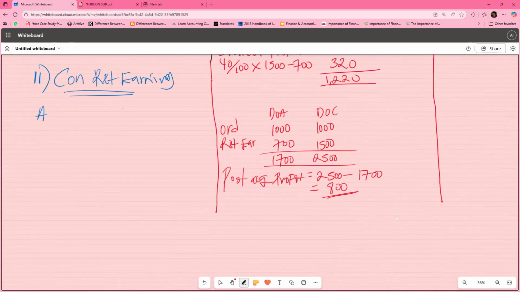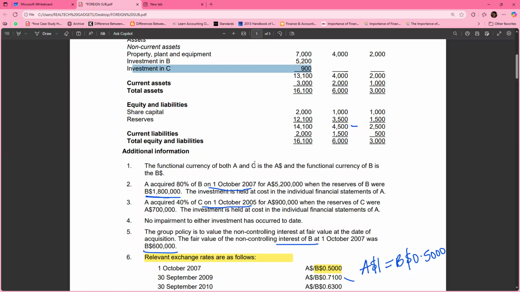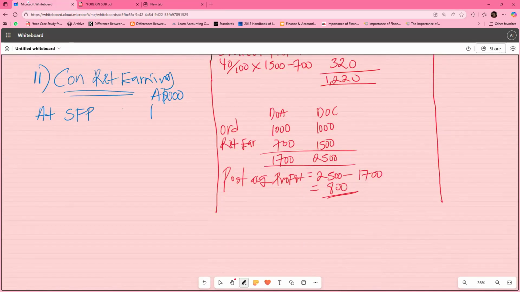So just like the way you know at SFP, you go back. What is this guy reporting? He's saying that his reserve is 12.1. That's cool. Then we can now say share of post-acquisition profit.